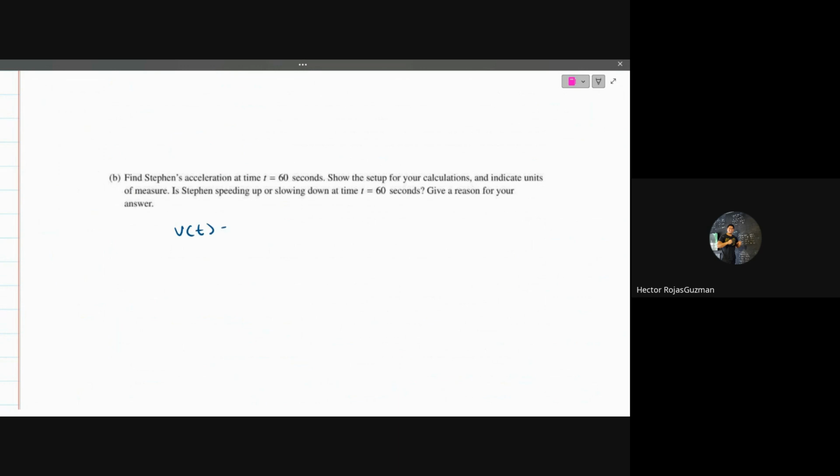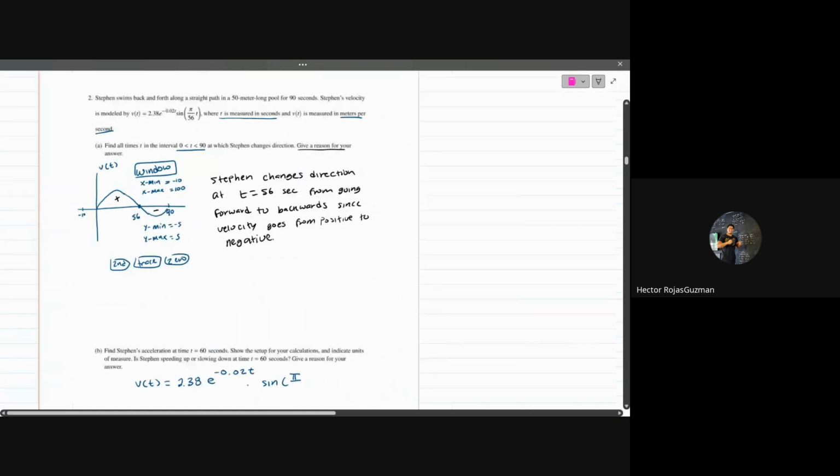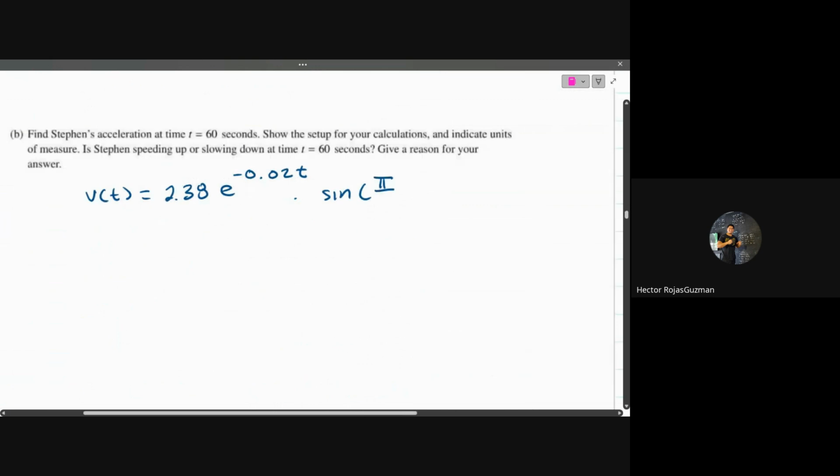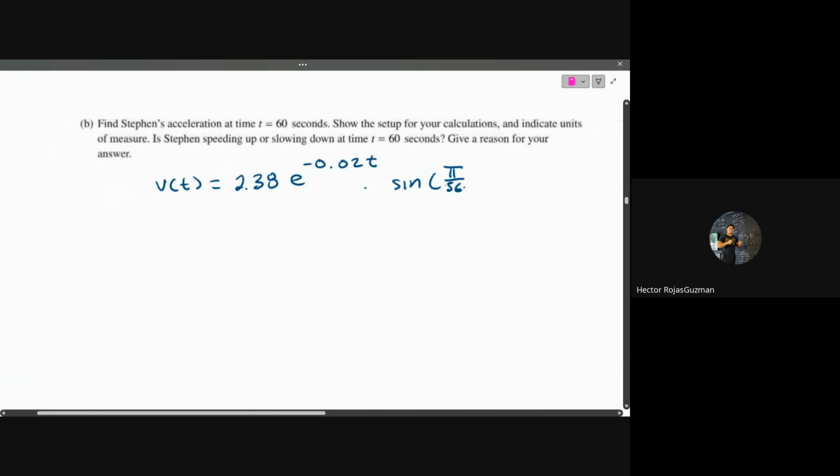V of t is equal to 2.38 e to the power of -0.02 t times sine of pi over 56 t. And we want to find Steven's acceleration.